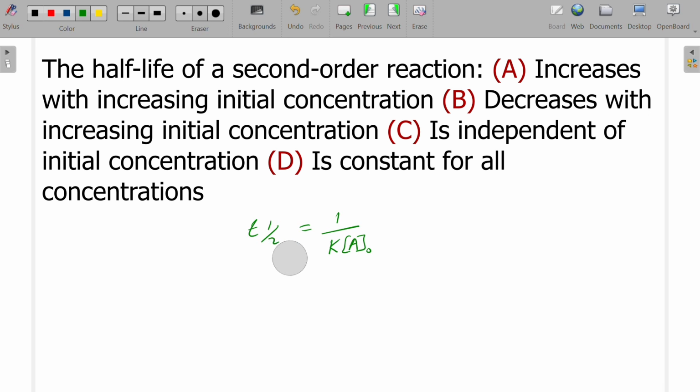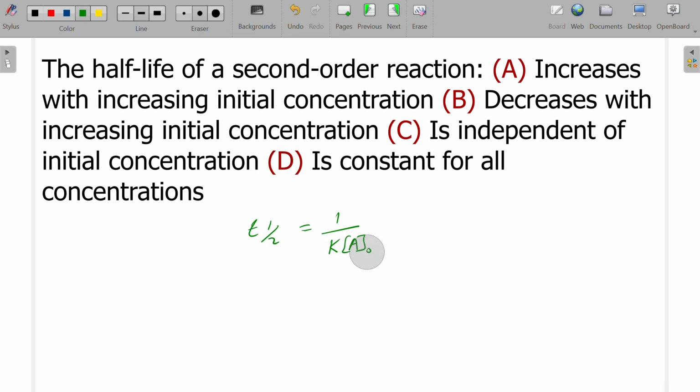This is what we have for a second order chemical reaction as our half-life formula. So we're comparing our half-life and the initial concentration. What is the relationship between these two?